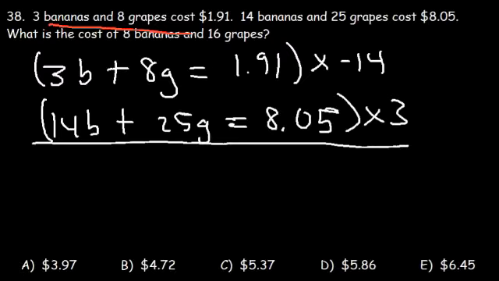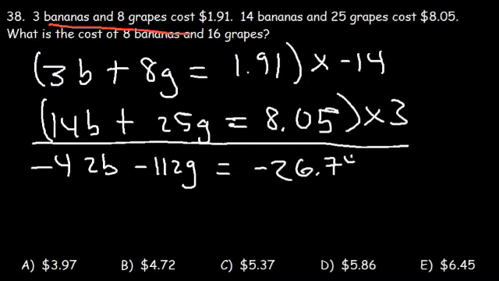So negative 14 times 3b is negative 42b, and 8 times negative 14 is negative 112g. And 1.91 times negative 14 is about negative 26.74. Now for the second equation, 14b times 3 is positive 42b. 25 times 3 is 75g.